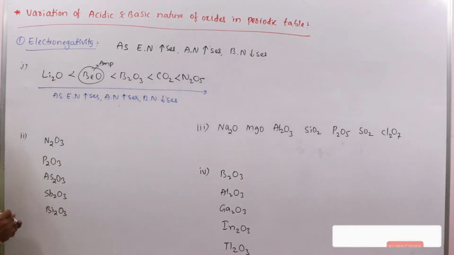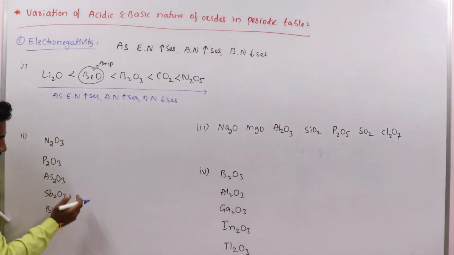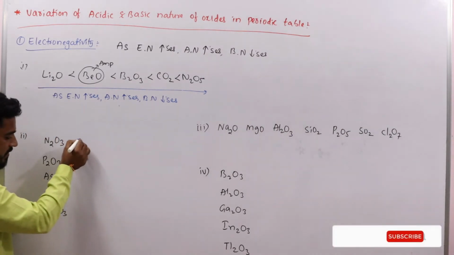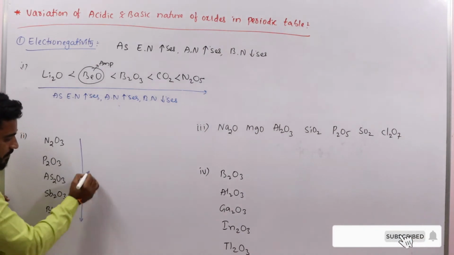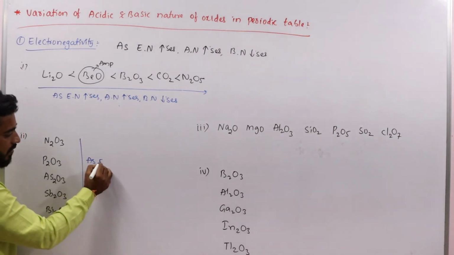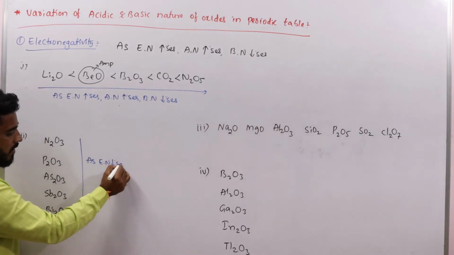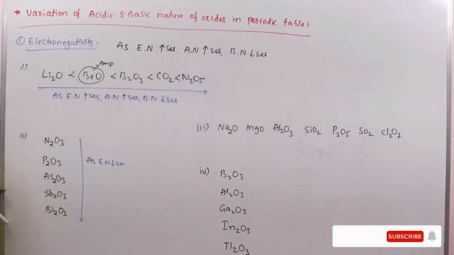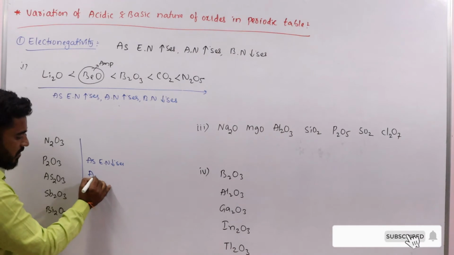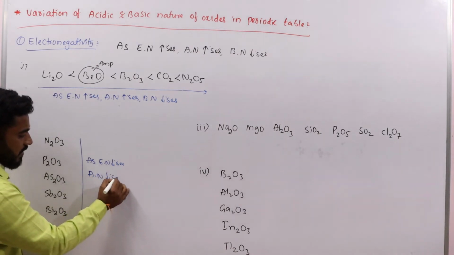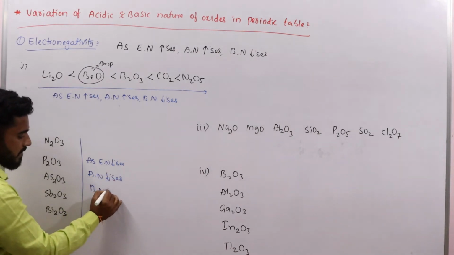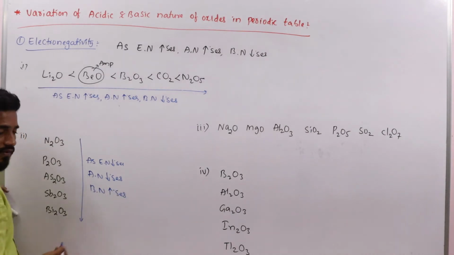Next, let us take this one: N2O3, P2O3, As2O3, Sb2O3, Bi2O3. From top to bottom in a group, electronegativity decreases, so acidic nature also decreases and basic nature increases.